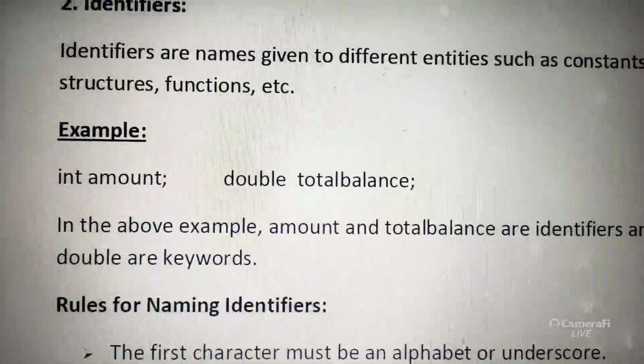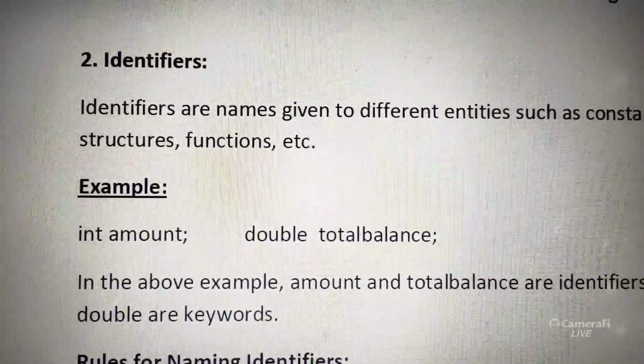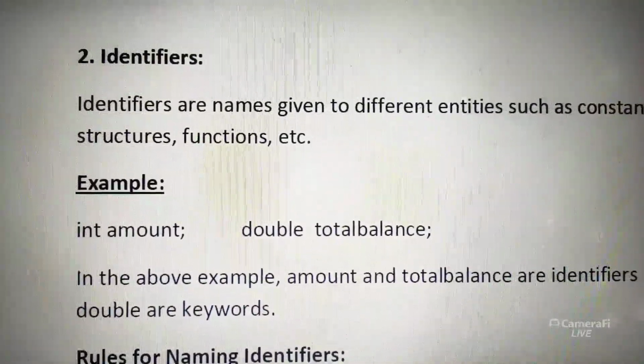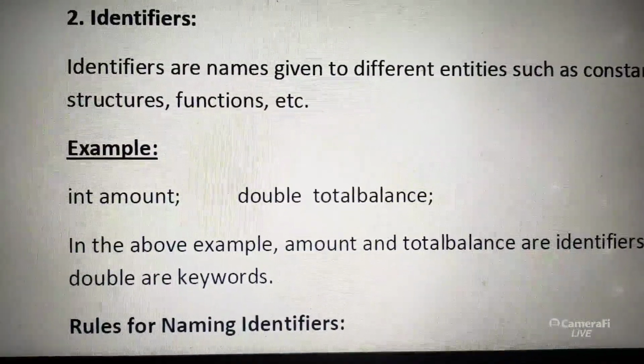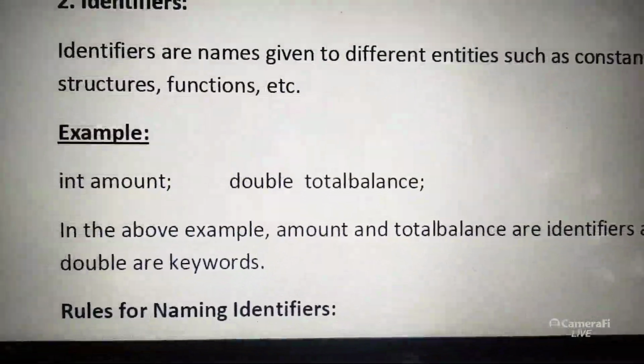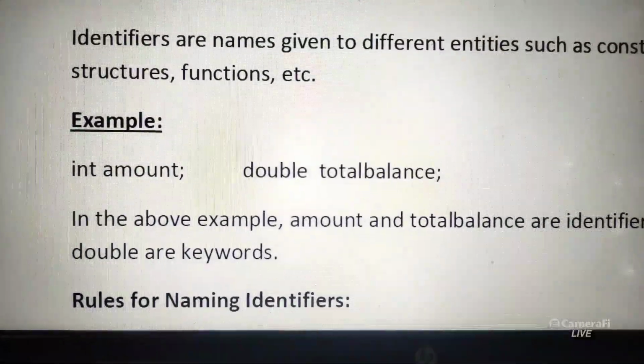Next, identifiers. In mathematics we do a small exercise: add the two given numbers, a equal to 5, b equal to 7. We write a plus b, substitute a as 5 and b as 7, so the answer is 12.